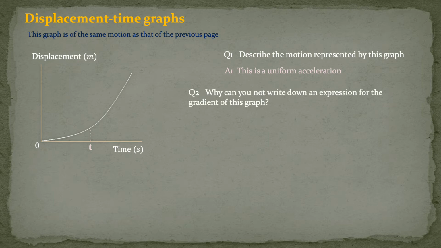Question 2. Why can you not write down an expression for the gradient of this graph? Well, the answer is there is no single gradient which describes this graph. The gradient is not constant, it's changing. This graph gets steeper in gradient as time goes on.